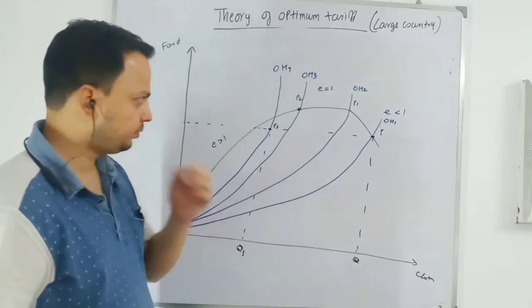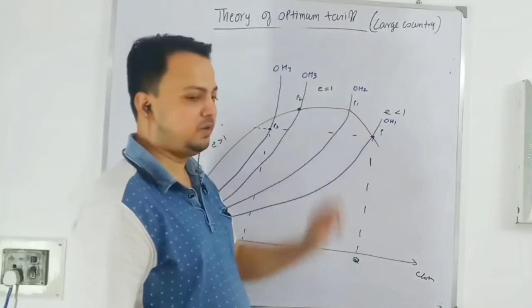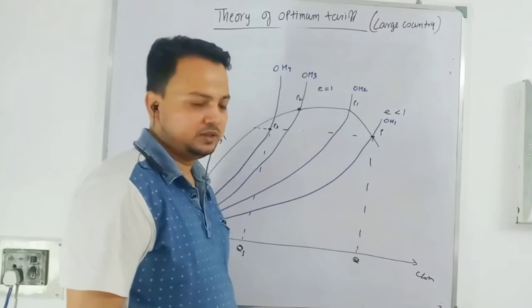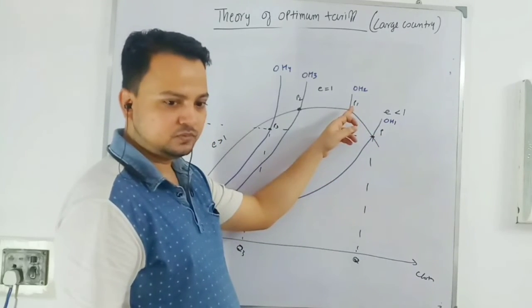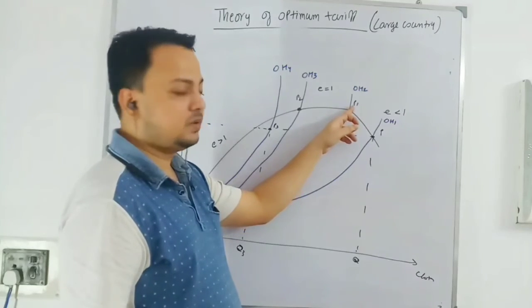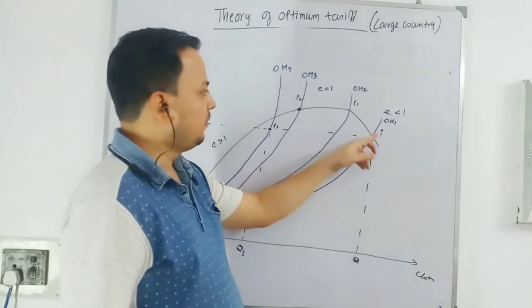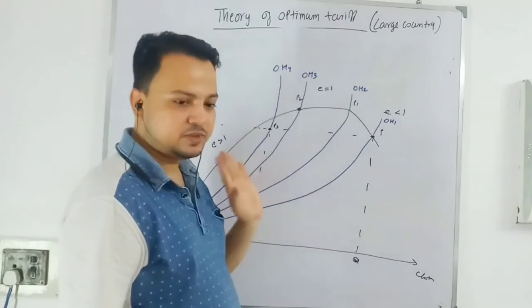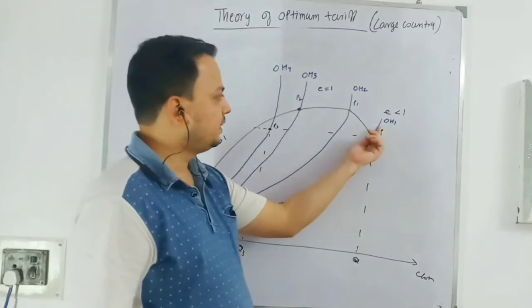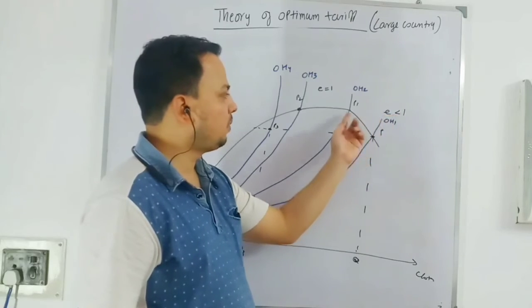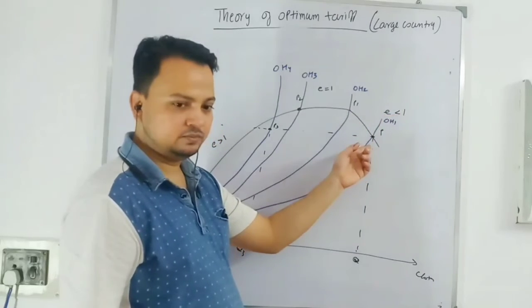Now look at this one, P and P1. It's better to move from P to P1, because when you move from P to P1, the terms of trade is better. And second thing, here elasticity of the offer of the foreign country is less than 1.